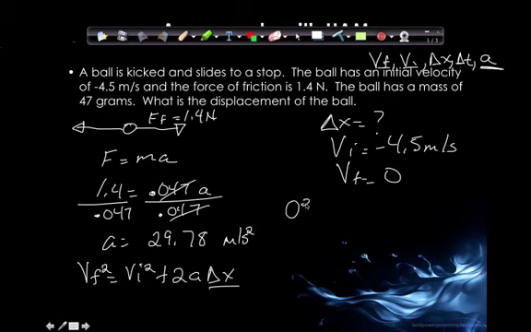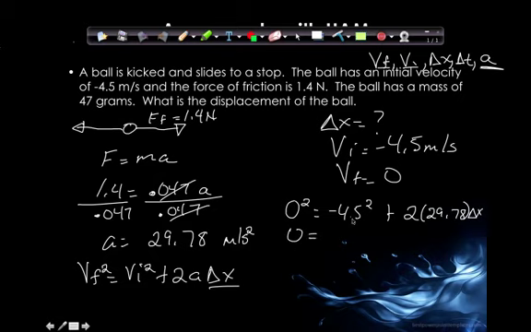VF is 0, I'm going to square that. VI is negative 4.5, square that, plus 2 times A, which is 29.78 times delta x.